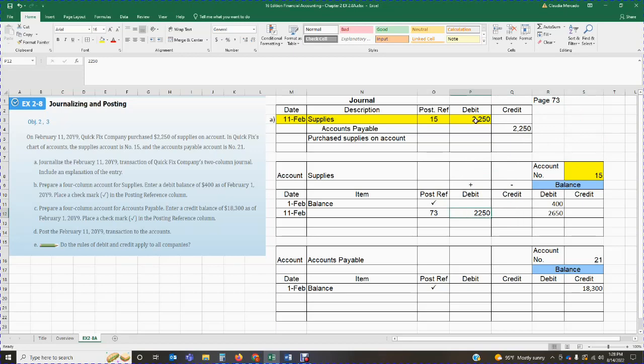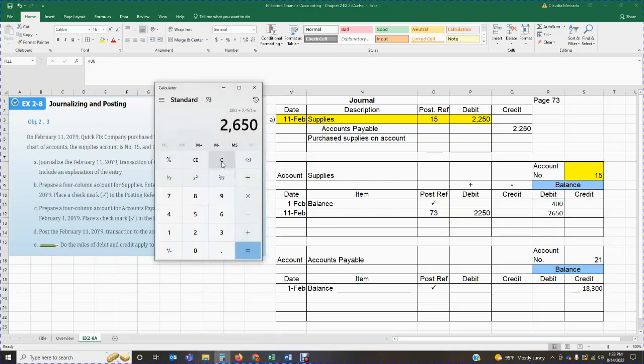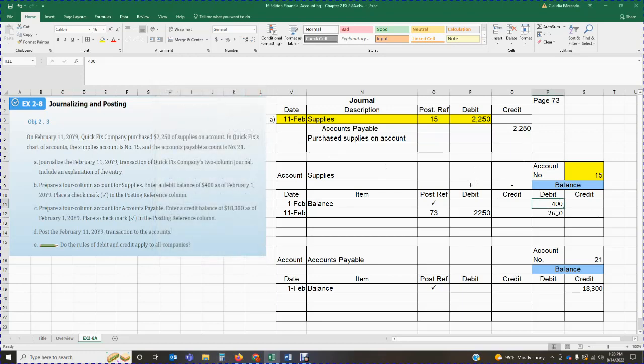In this case, we've got a debit of $2,250. I brought that in. Now I have to calculate my ending balance. I started off with $400 debit. Because I have another debit, I'm going to add, based on the normal balance of my account. So that's going to give me a balance of $2,650 debit. The next one we have is our accounts payable.